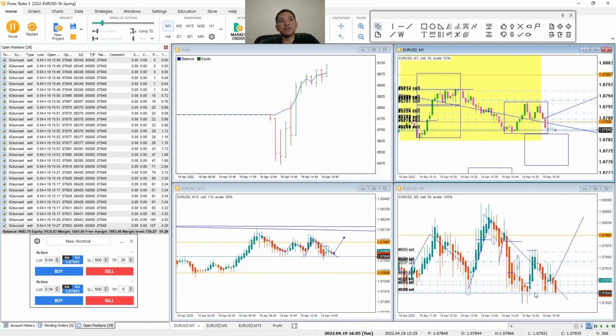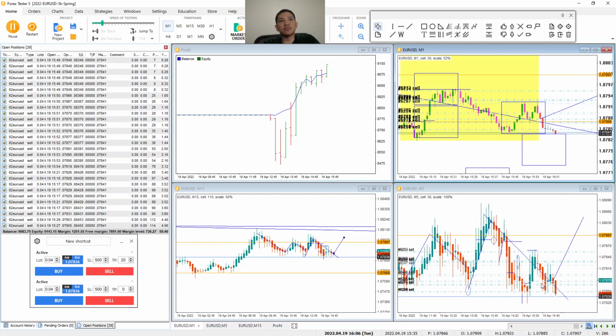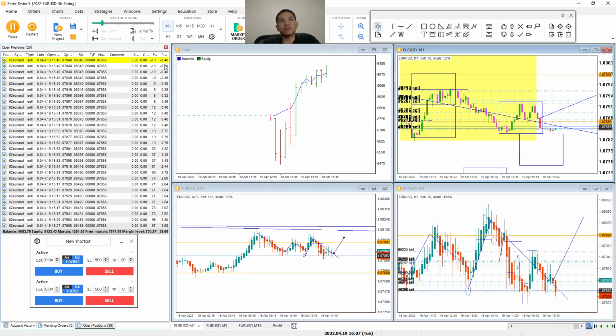And then again, on the 5 minute, this is a good continuation pattern as well. Okay, so these are still a slight loss. We're waiting for these to be profitable to peel them off.